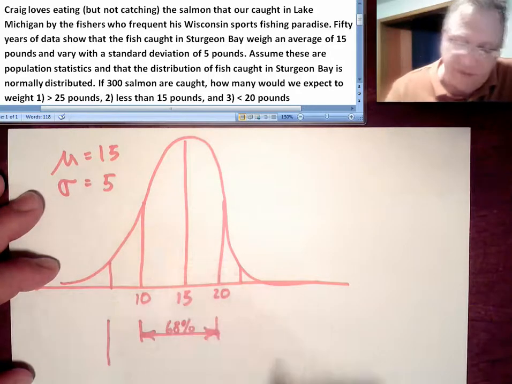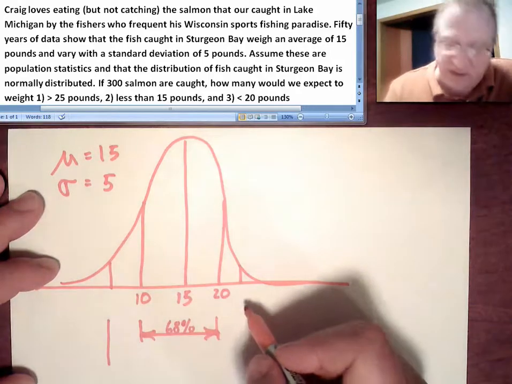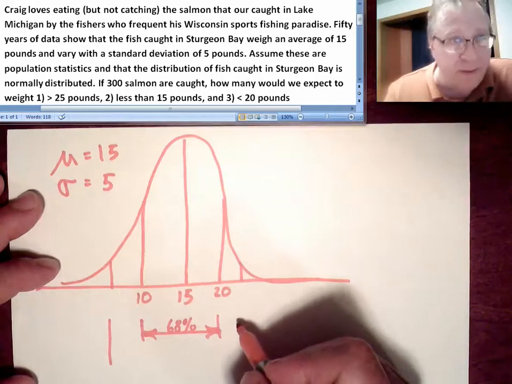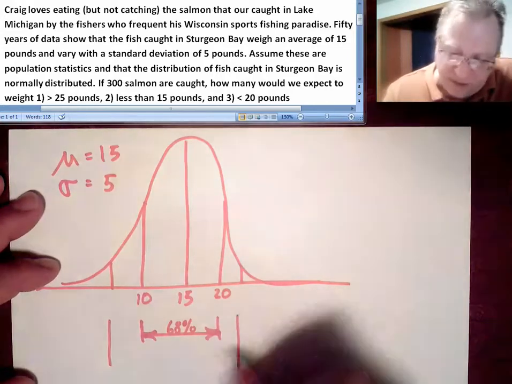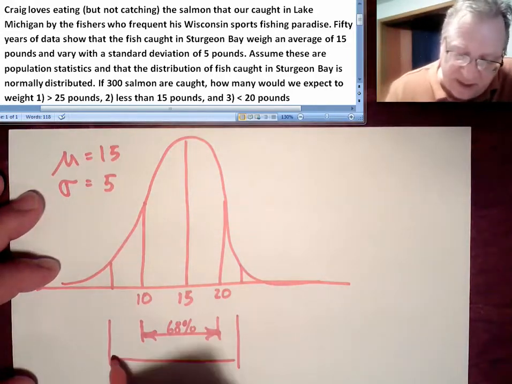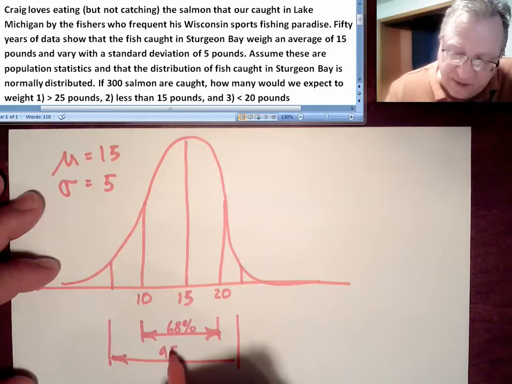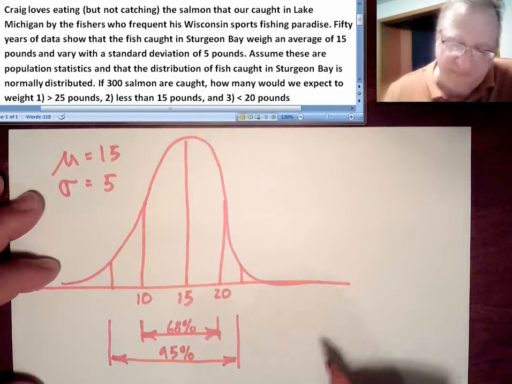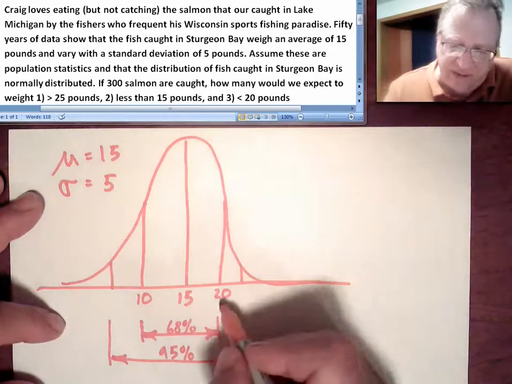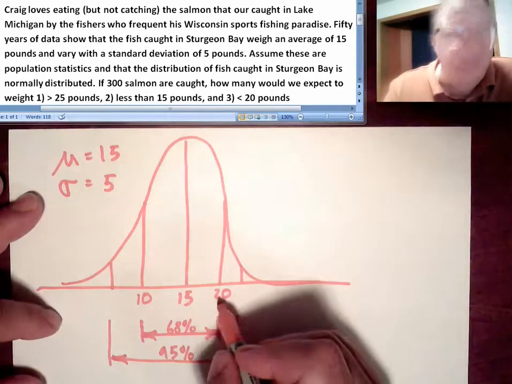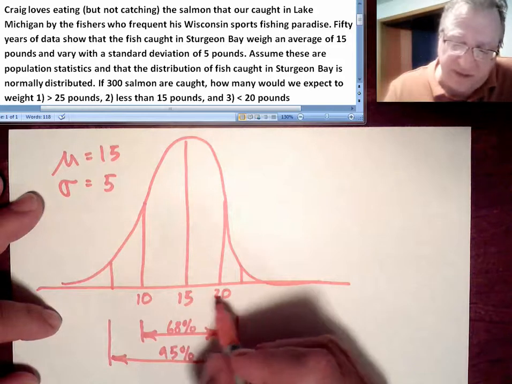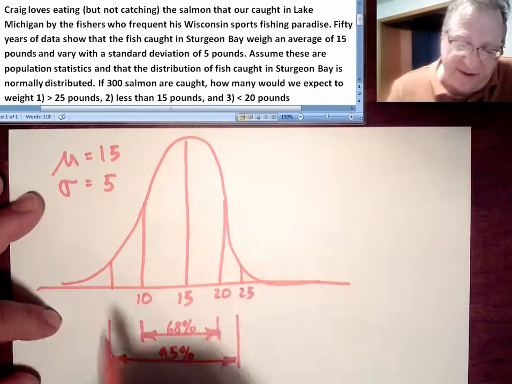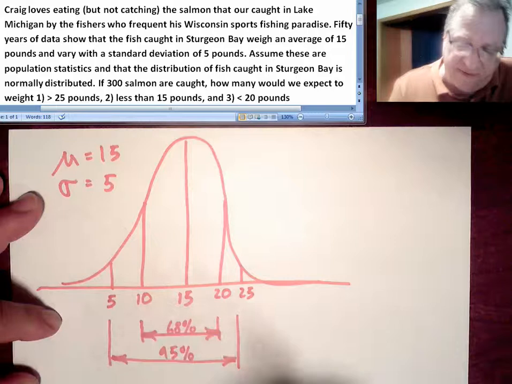We have another point out here at plus and minus 2 standard deviations. And those points encompass 95% of the area underneath the curve. So it's easy to add 2 standard deviations to 15, that's 25. And on the other side, we're down to 5.